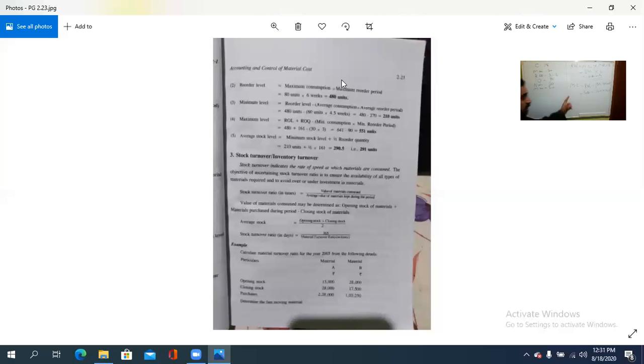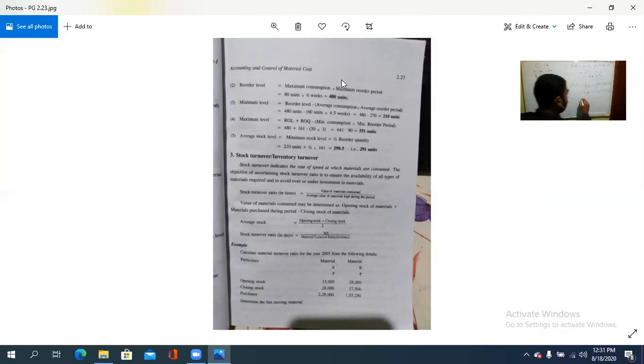Normal reorder period means minimum plus maximum reorder period divided by 2. That's 6 plus 3. 3 is the minimum reorder period, and 6 is the maximum reorder period. So 6 plus 3, 9. 9 by 2, it is 4.5.